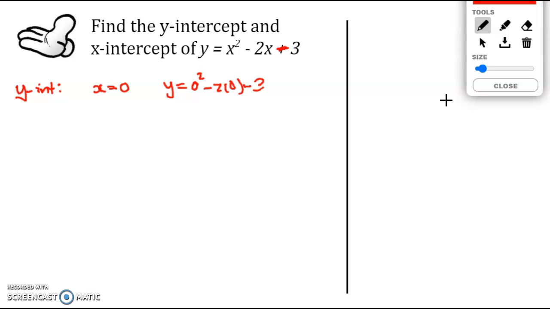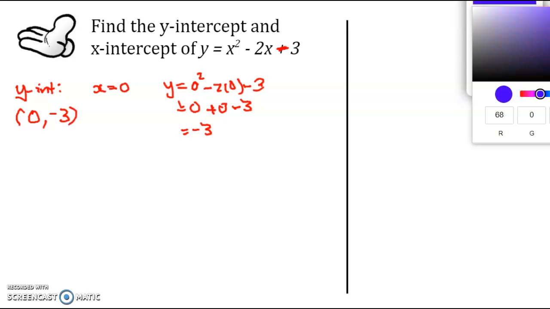So 0 squared is just going to be 0, and negative 2 times 0 is going to be 0. And then you are subtracting 3, so you are left with negative 3 here. So that means the coordinate of my y-intercept, the x-coordinate is again 0, and the y-coordinate is negative 3.